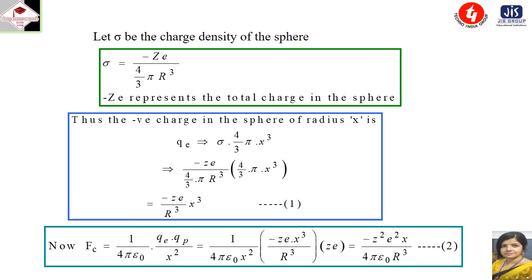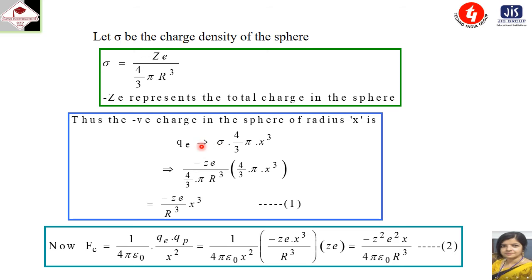Let sigma be the charge density of the sphere. Then sigma equals minus Zd by 4/3 pi r cube. Minus Zd represents the total charge in the sphere. Thus, the negative charge in the sphere of radius x is QE equal to sigma into 4/3 pi x cube.